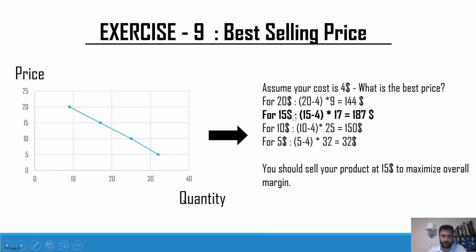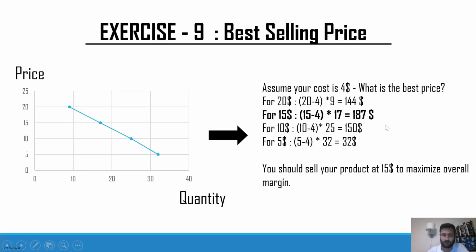For $15, your margin will be 15 minus 4 per product, which is your cost. So 11 multiplied by 17, the total amount of sales at the $15 price point, will end up as $187.